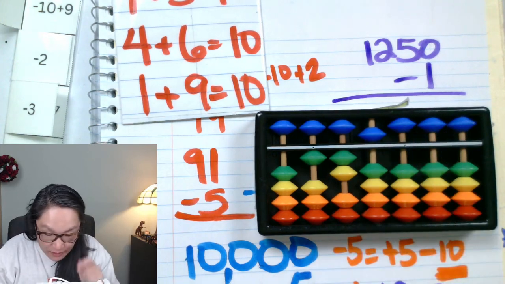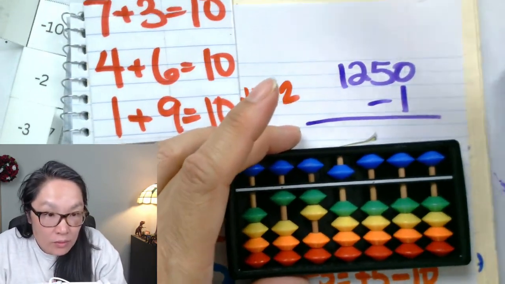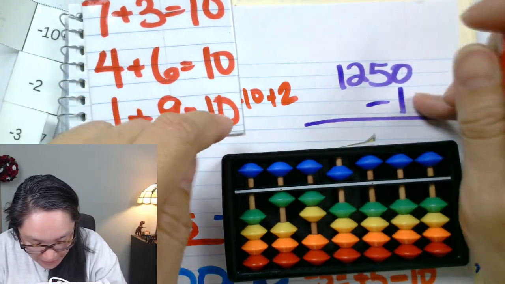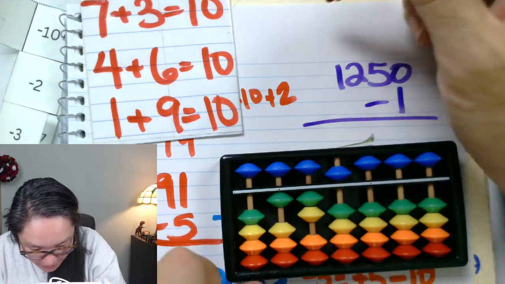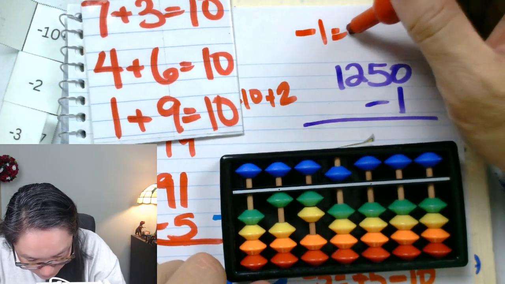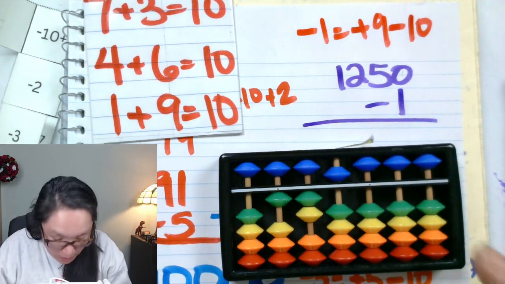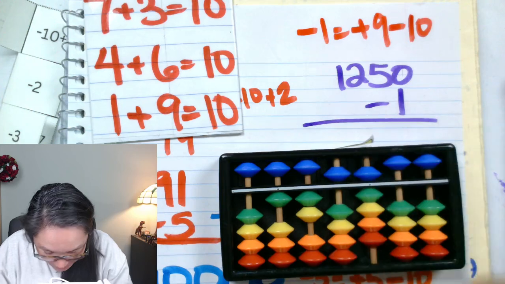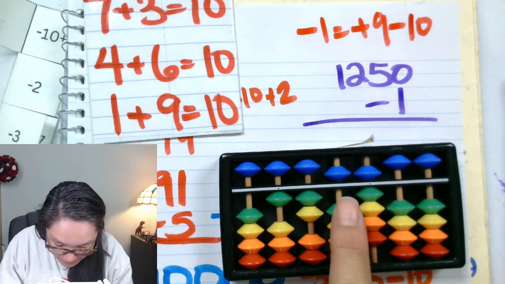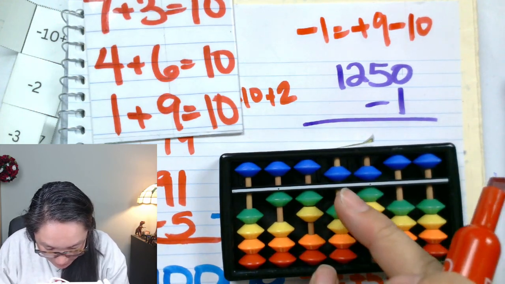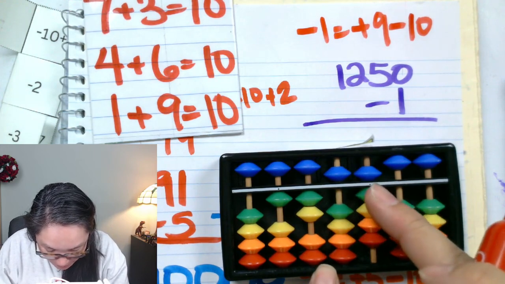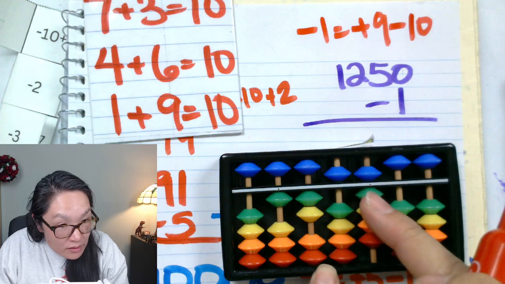No, we cannot take away the 5. If we can't take away the 1 and we can't take away the 5, what's the next one? Minus the 1 is equal to plus the 9 minus the 10. I'm going to add the 9, and I need to take away the 10.